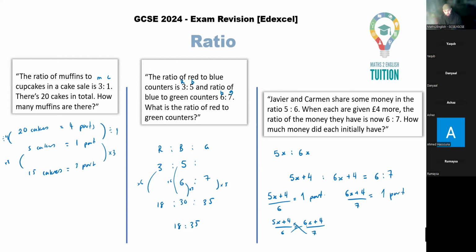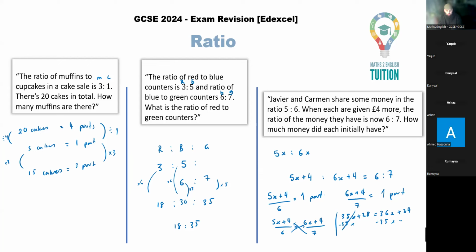I cross multiply them, and I should get 35x plus 28 equals 36x plus 24. Now if I want to make x the subject, I do minus 35x on both sides, and I cancel this out.